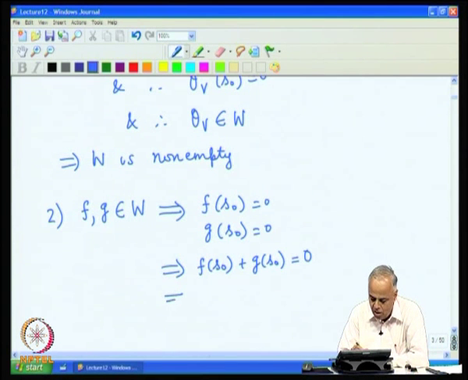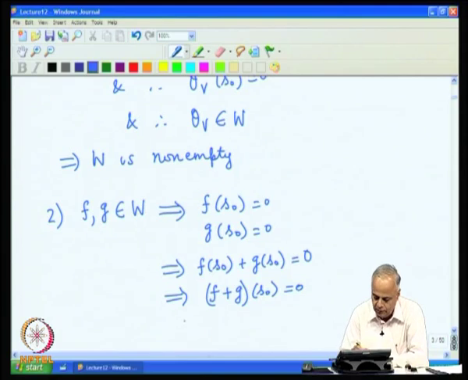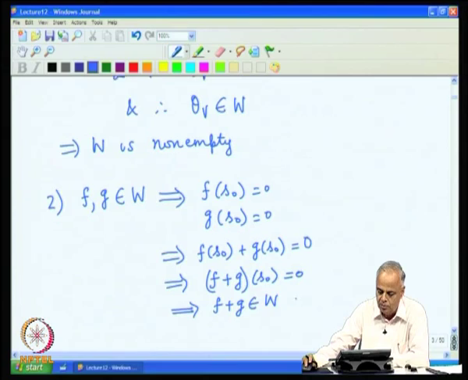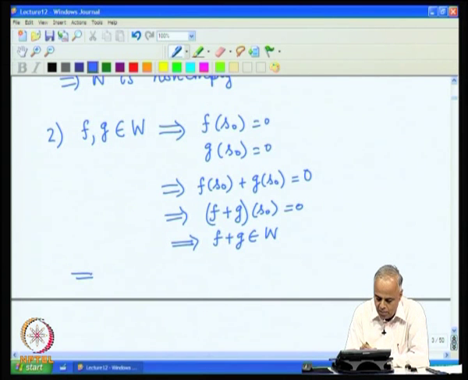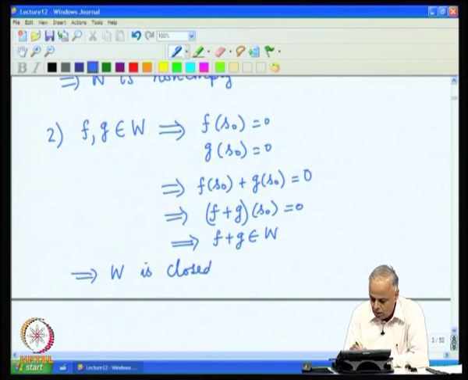But by the law of addition of functions, this is the same as the value of the function f plus g at S naught. This says the function f plus g also vanishes at S naught, and therefore, f plus g is also in W. So, thus W is closed under addition.